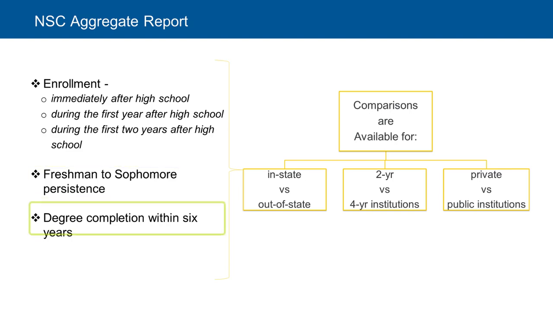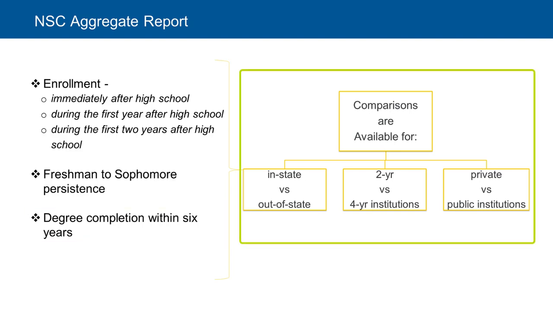Finally, you will see data and graphs for the percentage of your students that completed a degree within 6 years. There are comparisons available for in-state, out-of-state, 2-year versus 4-year institutions, and private versus public institutions.